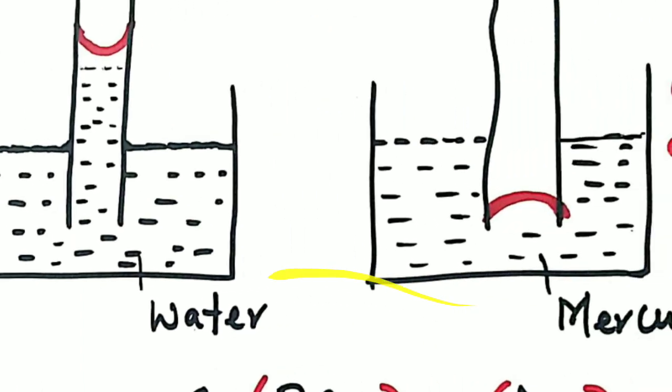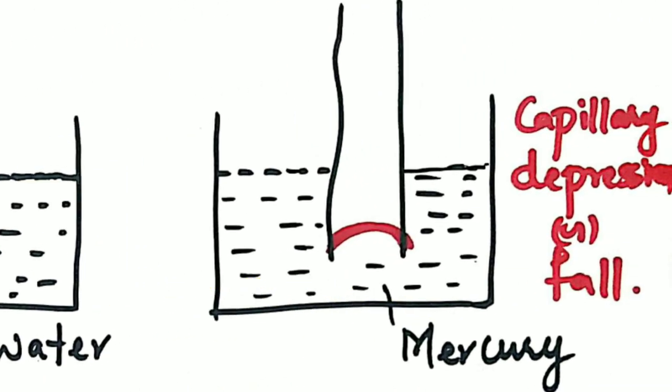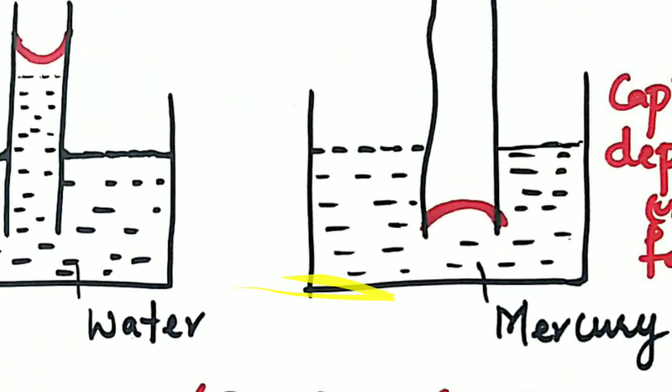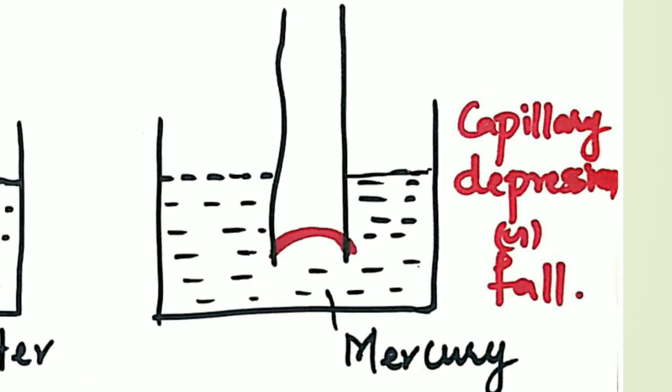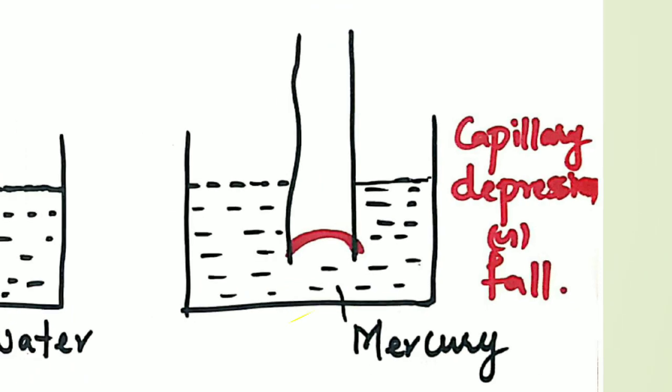In one more figure, if I provide mercury, another fluid, the rise in fluid may not be there. In water we have seen there is a rise in fluid, but here in mercury the fluid doesn't rise through the vertical tube. That is called a fall, or capillary depression.